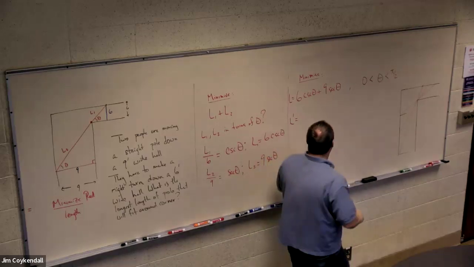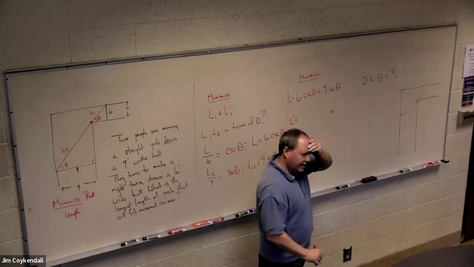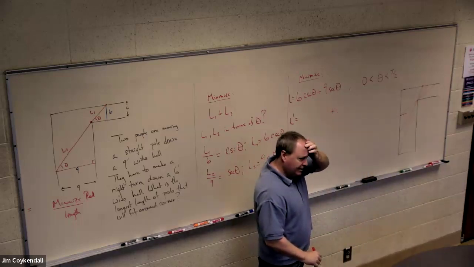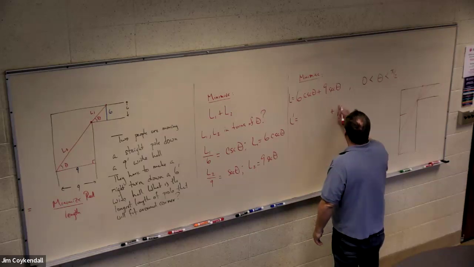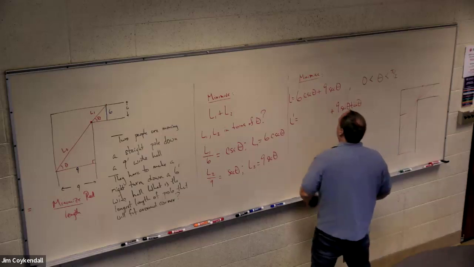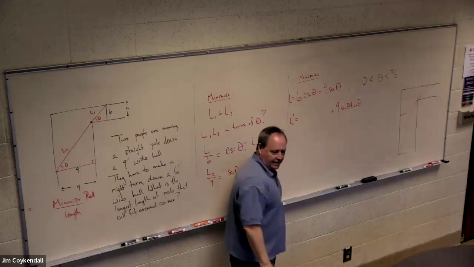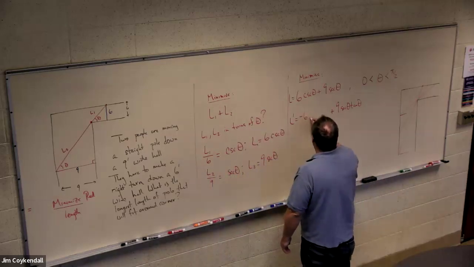Okay, let's do the derivative part. What's the derivative of secant theta? If I remember what the derivative of cosecant is. Good. Negative cosecant theta cotangent theta, that's right.